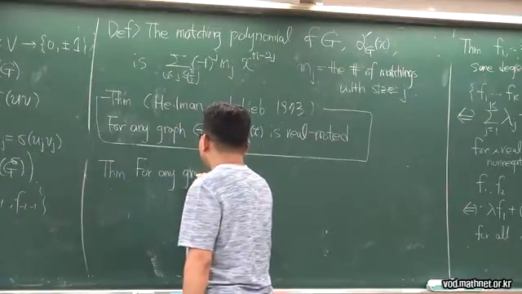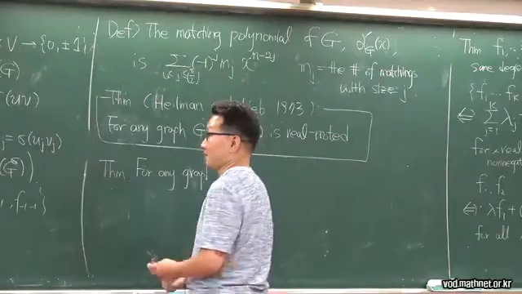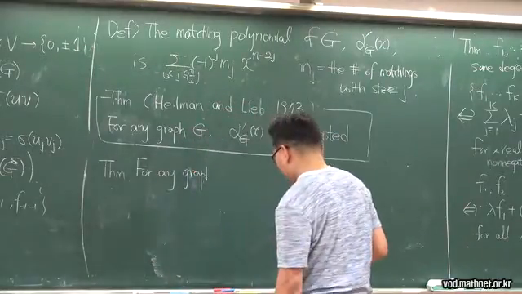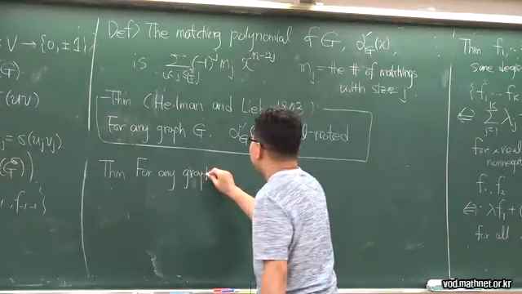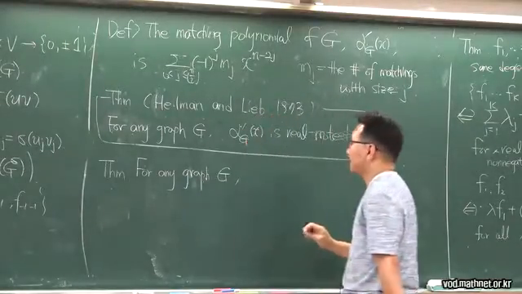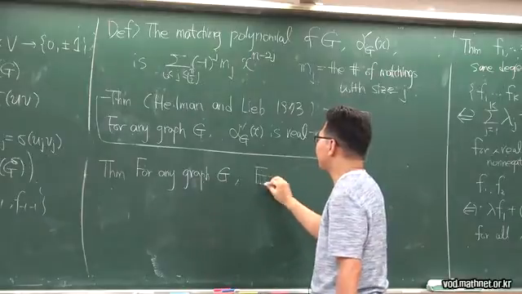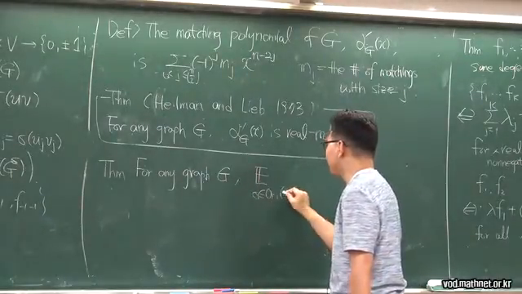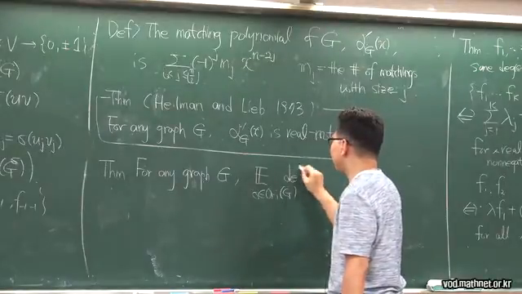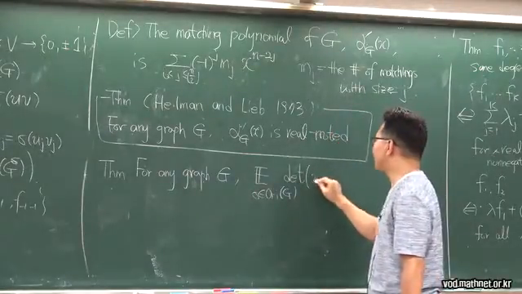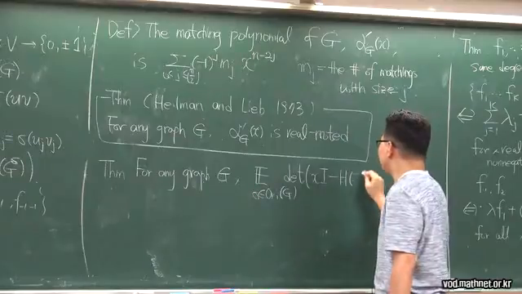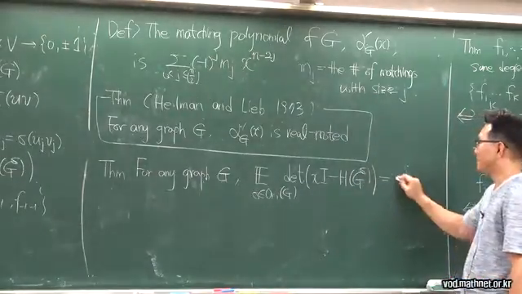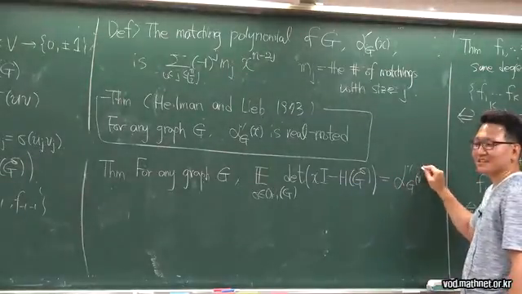For any graph, the expectation over all orientations of the characteristic polynomial is equal to this one.